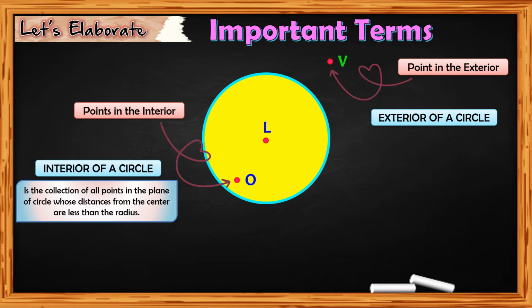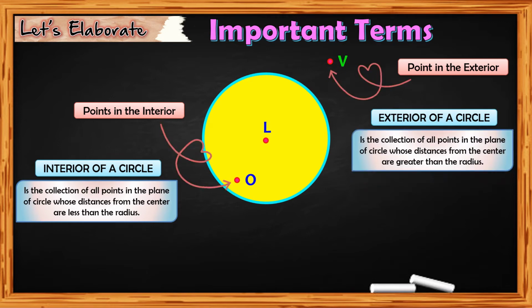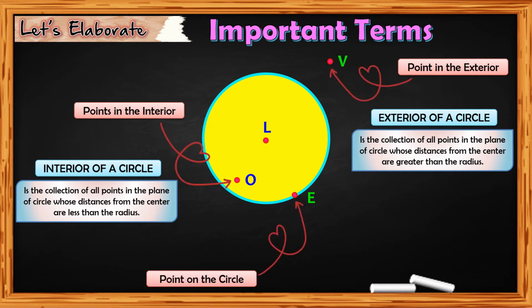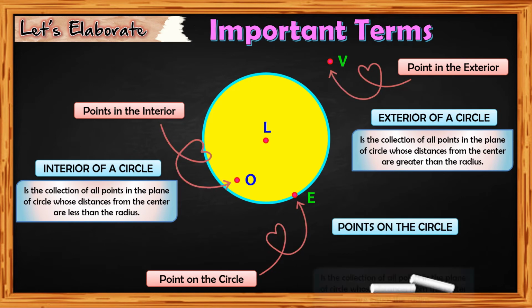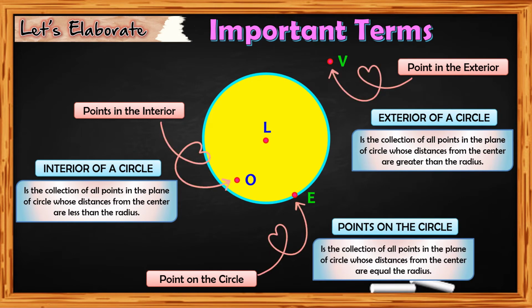Exterior of a circle is the collection of all points in the plane of a circle whose distances from the center are greater than the radius. And for the last, we have point E. Point E is a point on the circle. Points on the circle is the collection of all points in the plane of a circle whose distances from the center are equal to the radius.